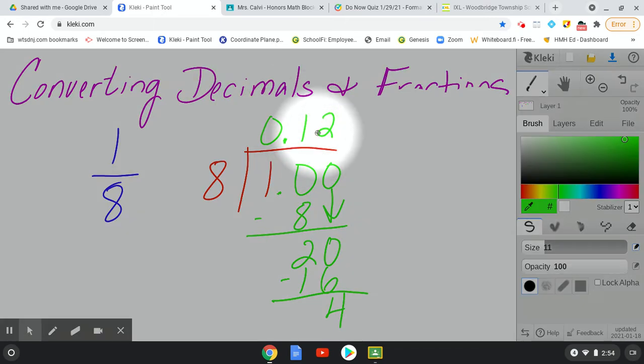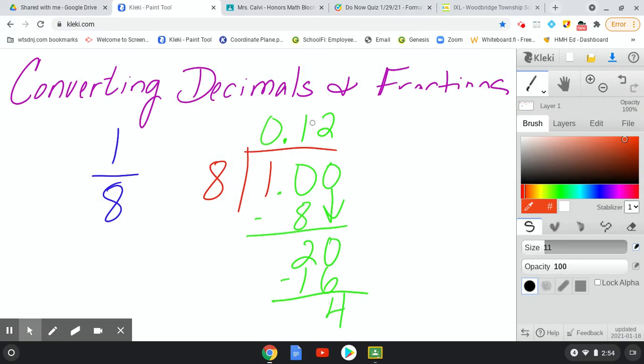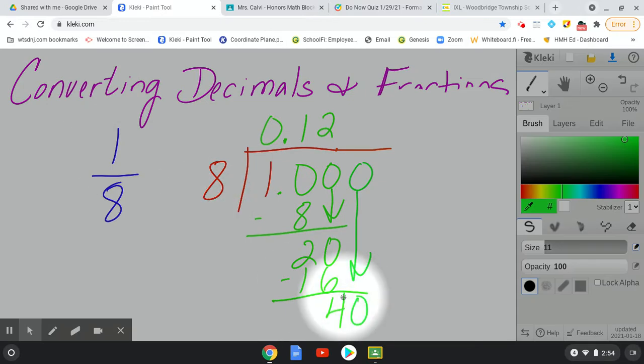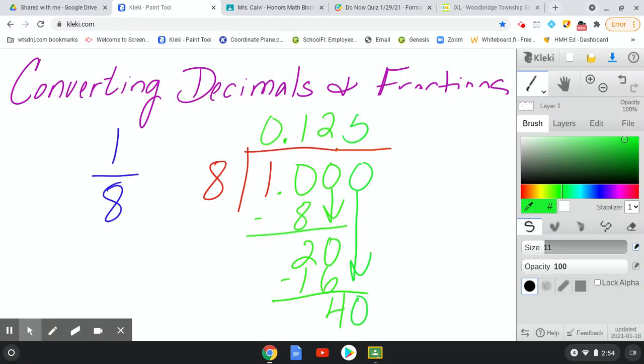Now, I usually say go out 2 decimal places, but I can tell by looking at this, if I were to add another 0, I know that 8 can go into 40 evenly. So I'm going to go out 1 more decimal place. So 8 goes into 40 exactly 5 times. 5 times 8 is 40, and I come down to 0.